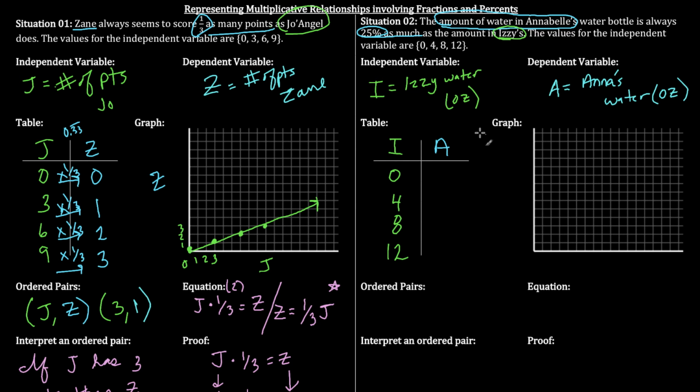Now, what you've got to do is take this 25% and find the decimal: move it twice. And now we multiply by 0.25, or 25 hundredths. If you already knew that 25% is 1/4, which is 25 hundredths, then that's fine too.